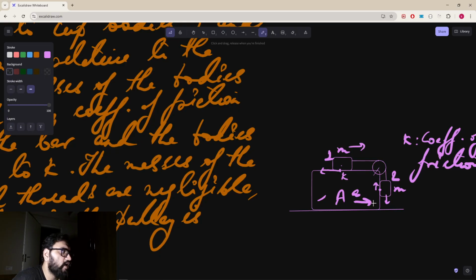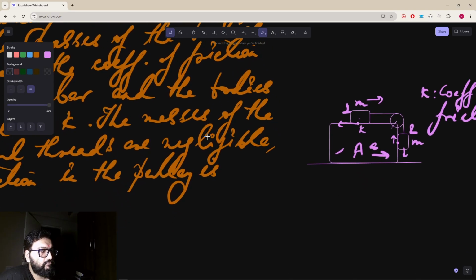Now, think about this. If both these two bodies are at rest with respect to body A, wherein body A is also moving in the rightward direction, these two bodies will still have a tendency to move.